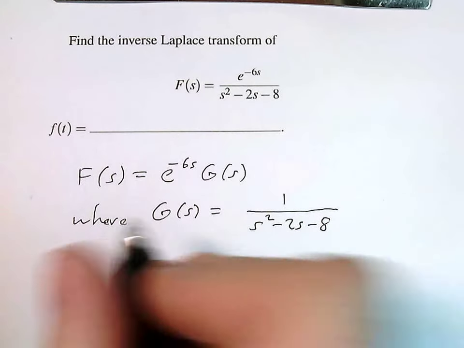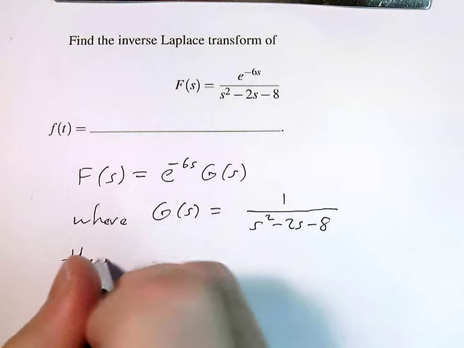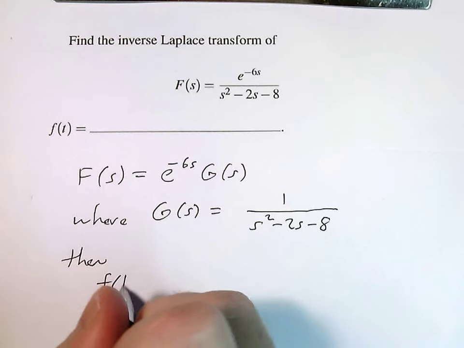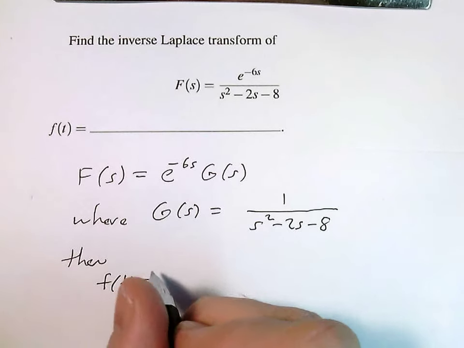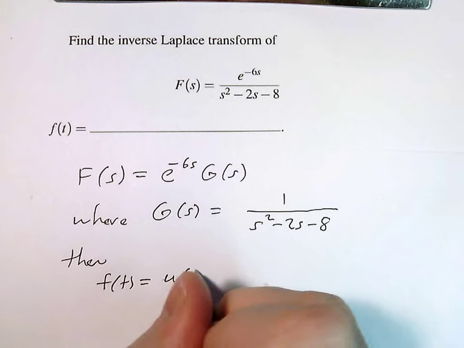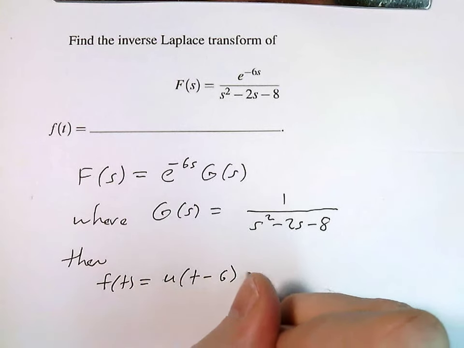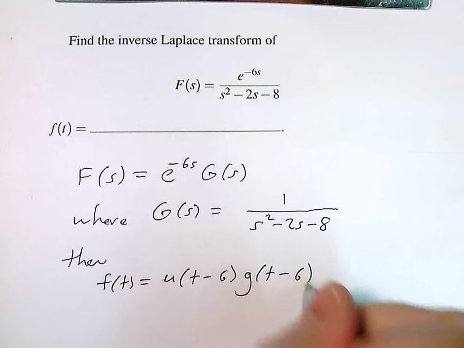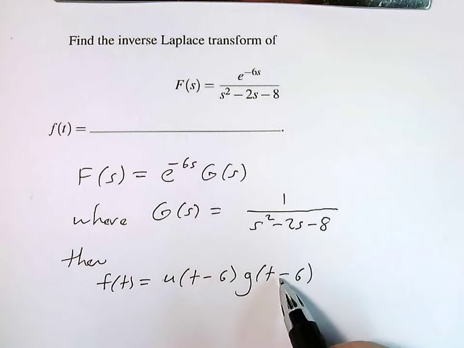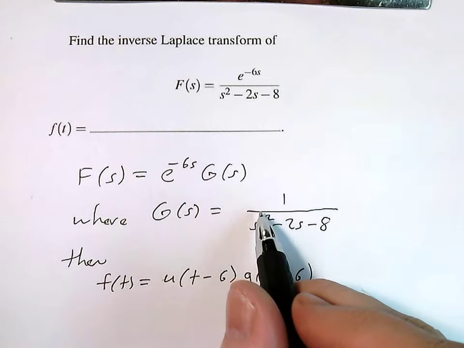I want to do that because then my little f(t) is going to be u(t-6) G(t-6), where g(t) is the inverse transform of G(s).